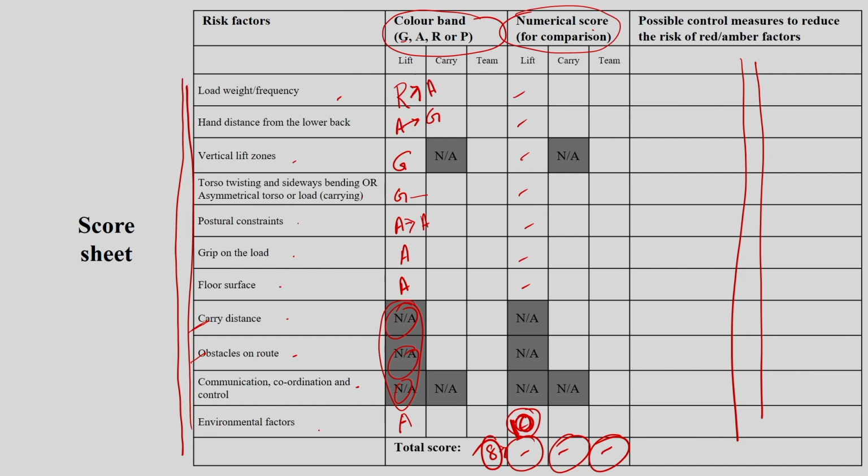Similarly, we have carrying, and we have team handling. We will discuss that in the next class.